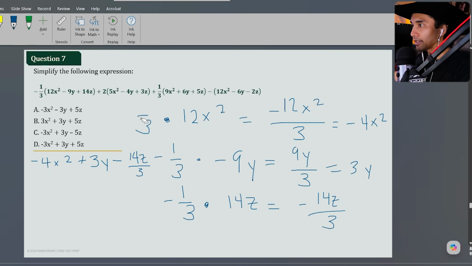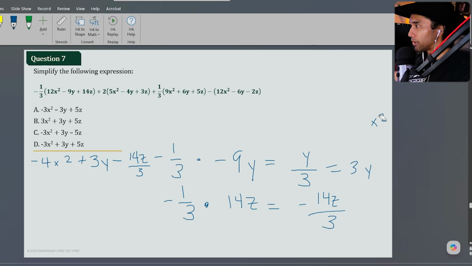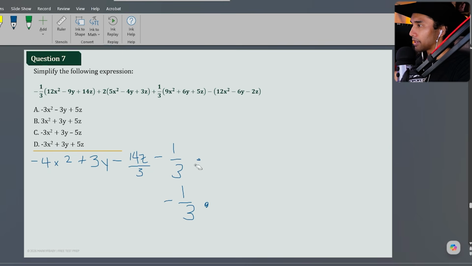Okay, next, let's go ahead and do the second parentheses. And of course, I'm doing it slow right now, but when you're taking the test and you've got the scratch paper, you'll be writing this down super duper fast. Okay, we have 2 times 5x squared. That equals 10x squared.